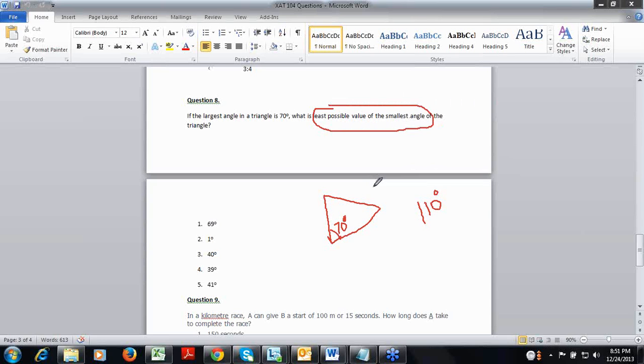It can only be possible when it is an isosceles triangle, only when the next possible angle is also 70 degree. So what it will be? This will be 40 degree. Least possible value will always be 40 degree. So we'll go ahead and mark option number 3, 40 degree.